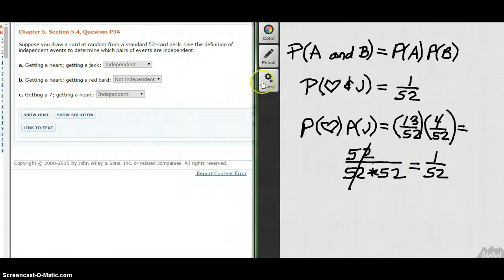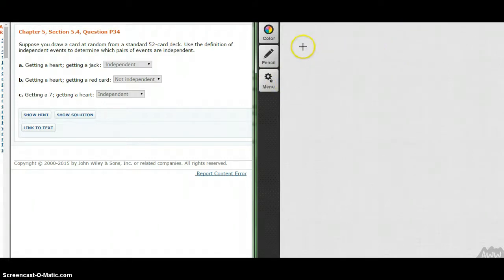Getting a heart and getting a red card, so we're going to clear this, and let me just do kind of an abbreviated version. So probability of both, a heart and a red card, would have to be a heart. So heart and red.